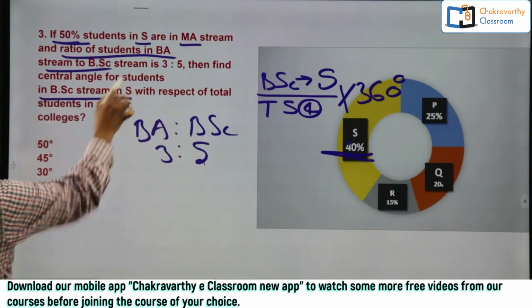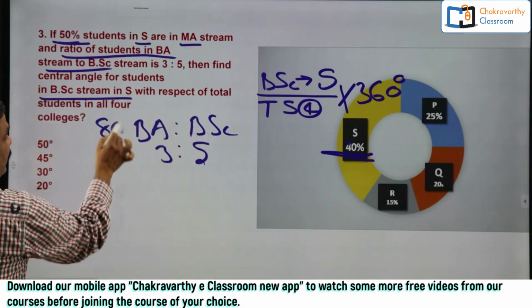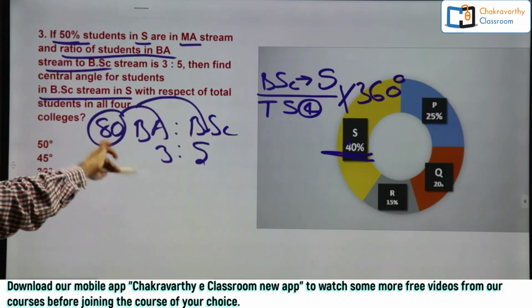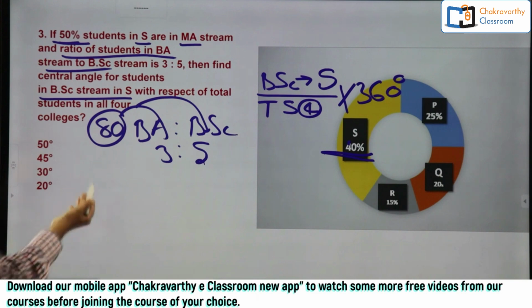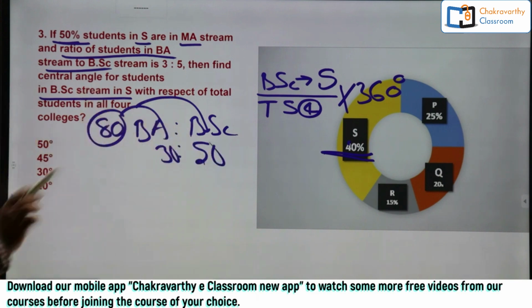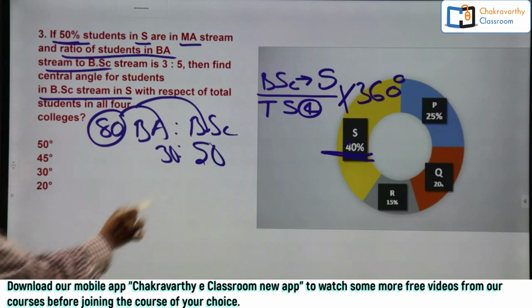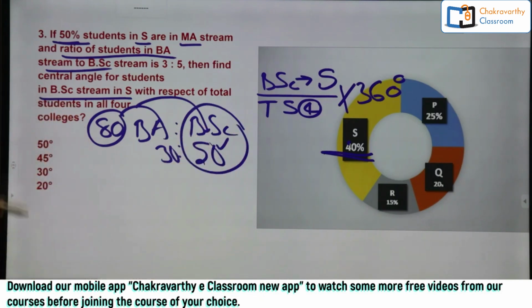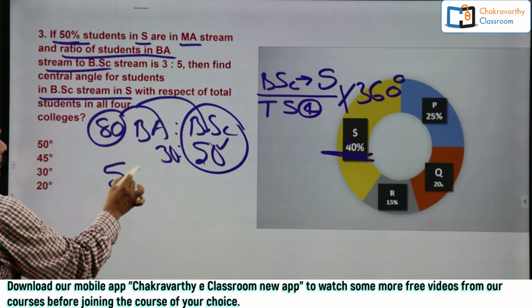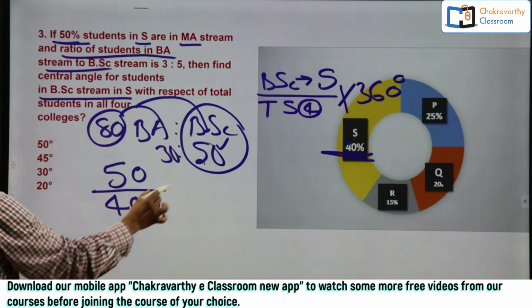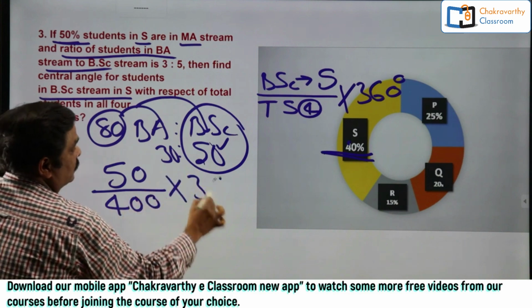So that 80 should be divided in the ratio of 3:5 for BA to BSc. So 3:5 means obviously it is 30 and 50. 30 plus 50 is 80. Now BSc students are 50. Here the question is 50 out of total students 400 into 360 degrees.